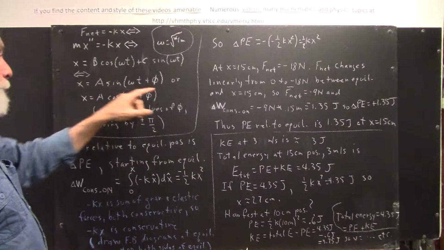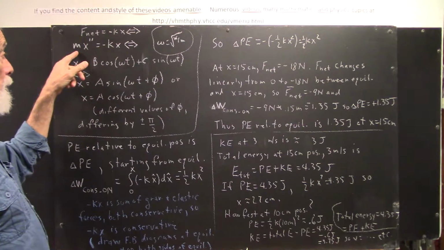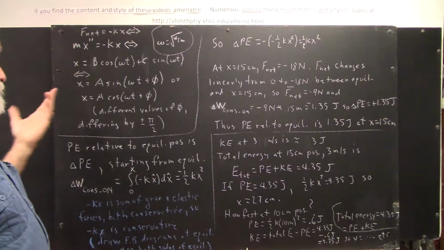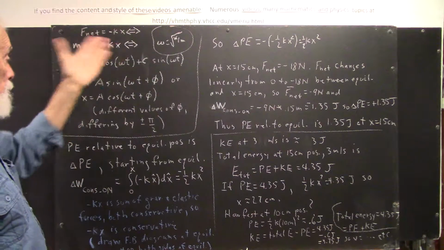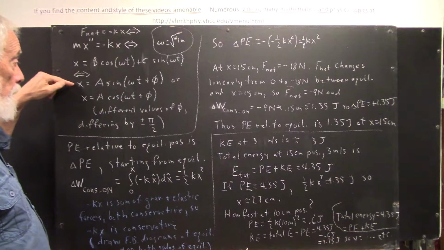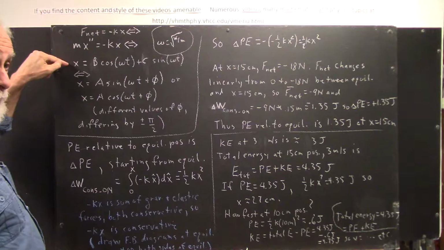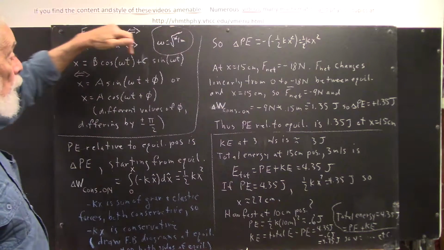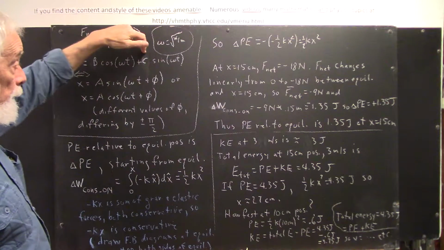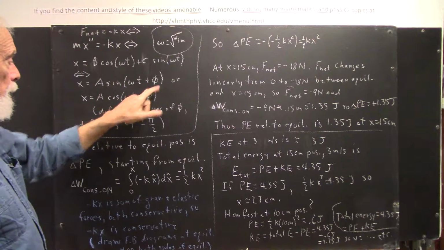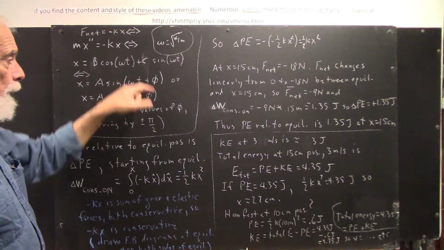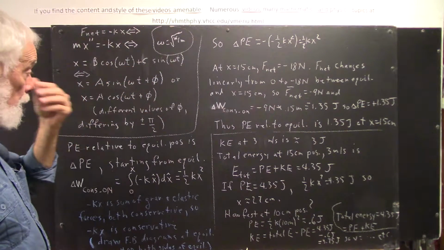Also, independently, if you plug this into the equation, you get an identity. Okay. In other words, you can verify the equation for this function, or for this function. Each function has two arbitrary parameters, b and c here, a and phi here, a and phi here. Now the phi you get here and the phi you get here won't be the same.